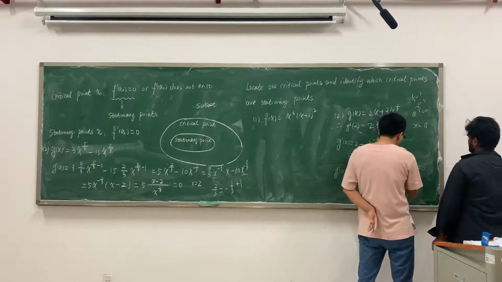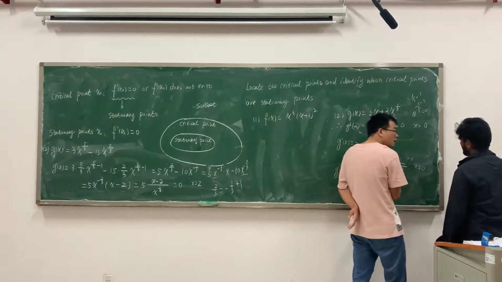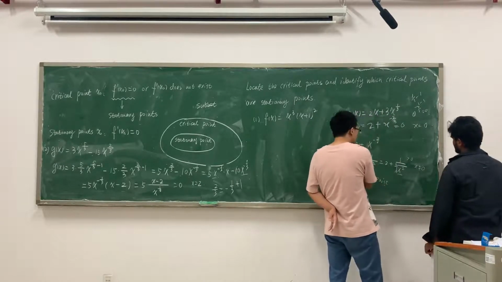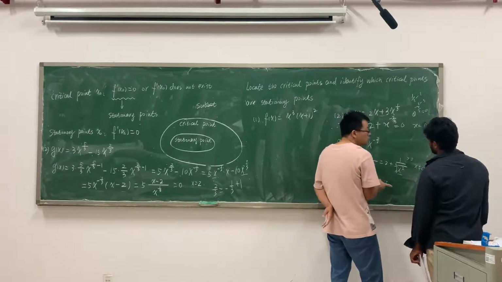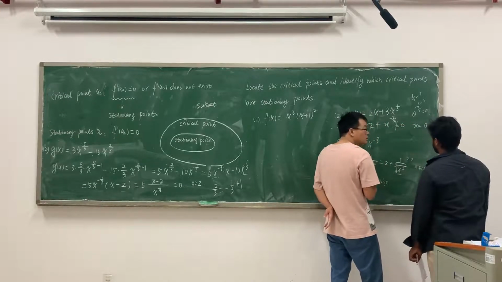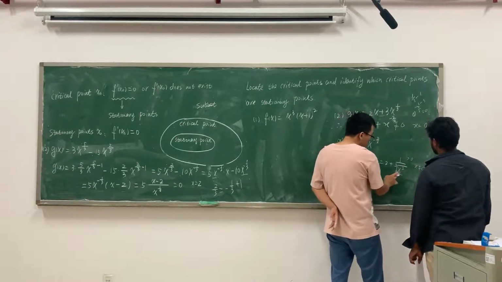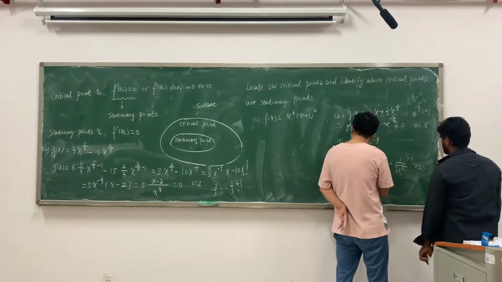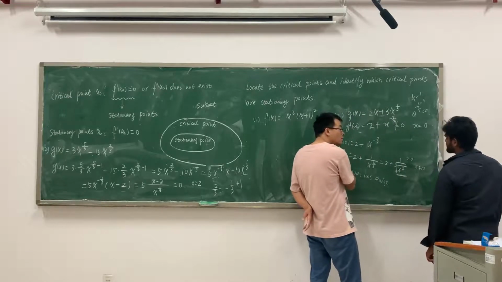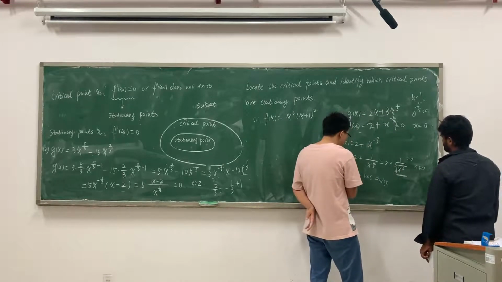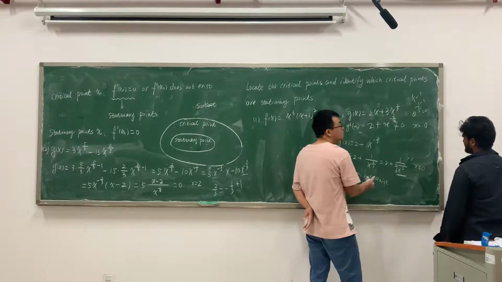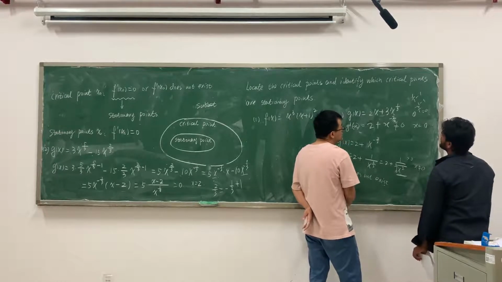So here means it is always greater than 0. So we do not have an x such that g prime x equal to 0, because g prime x is always greater than 0. Not equal to 0, but we can see here, when x equal to 0, this is undefined. Undefined means that g prime 0 is undefined.